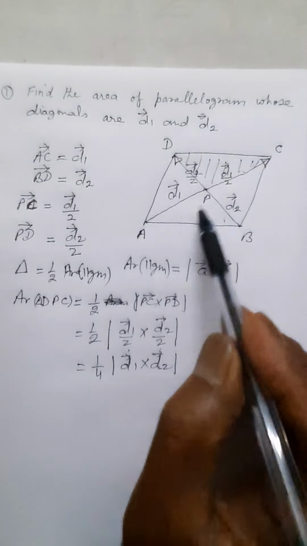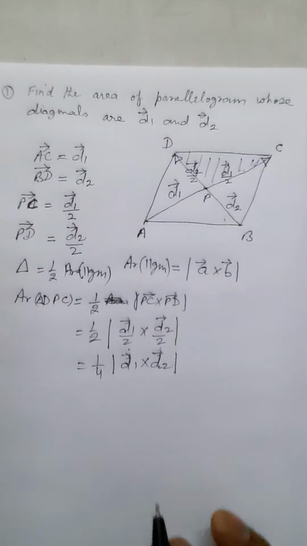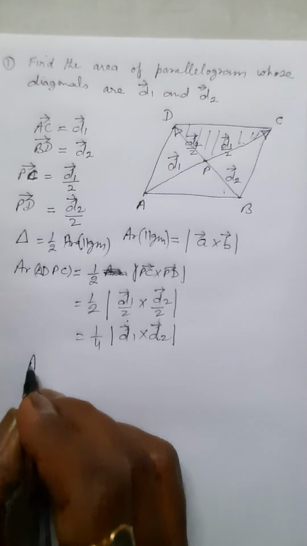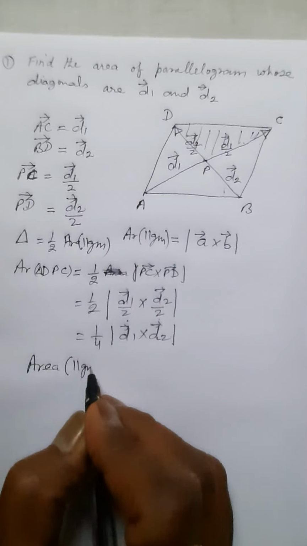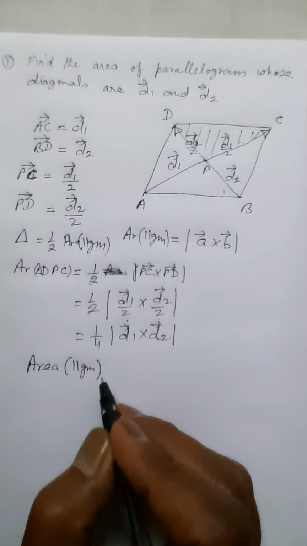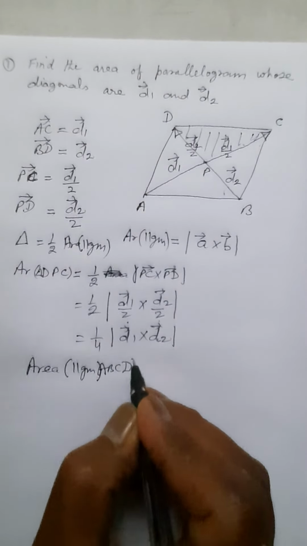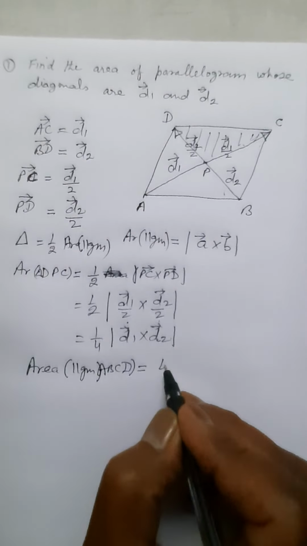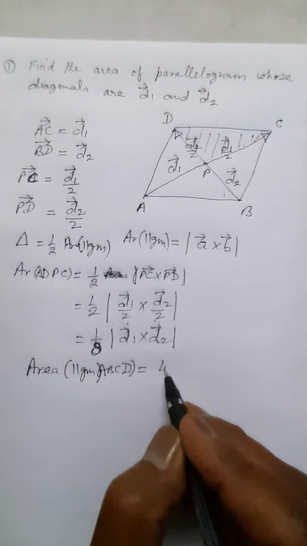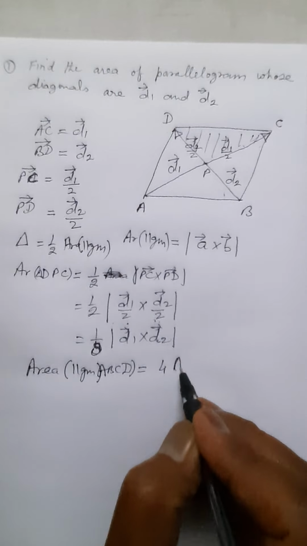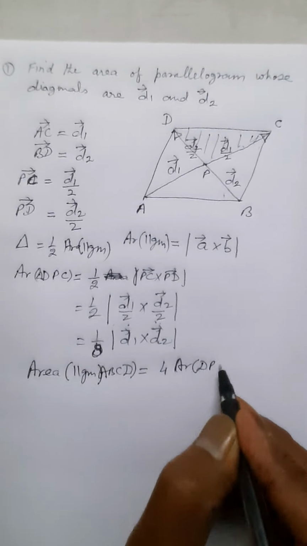If it is a parallelogram, the area of the parallelogram will be divided into 4 equal parts. So the area of parallelogram ABCD will be equal to 4 times the area of triangle DPC.